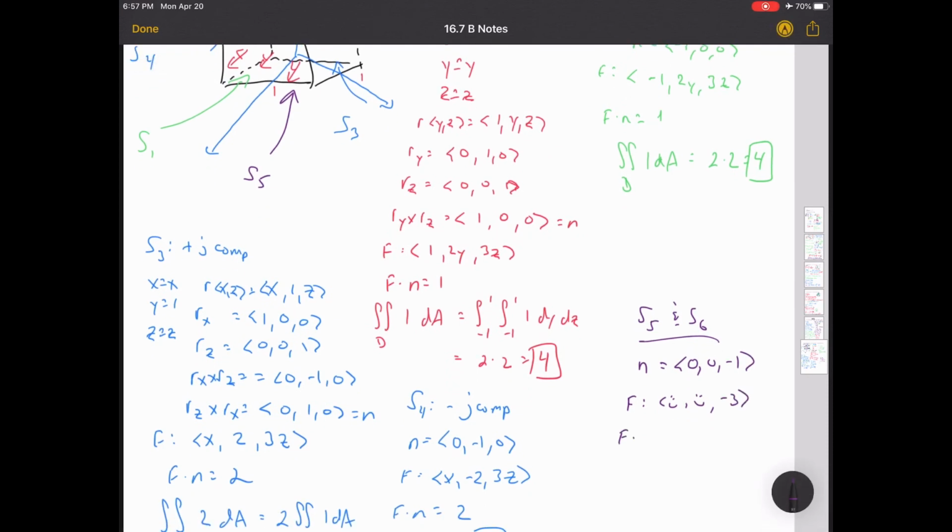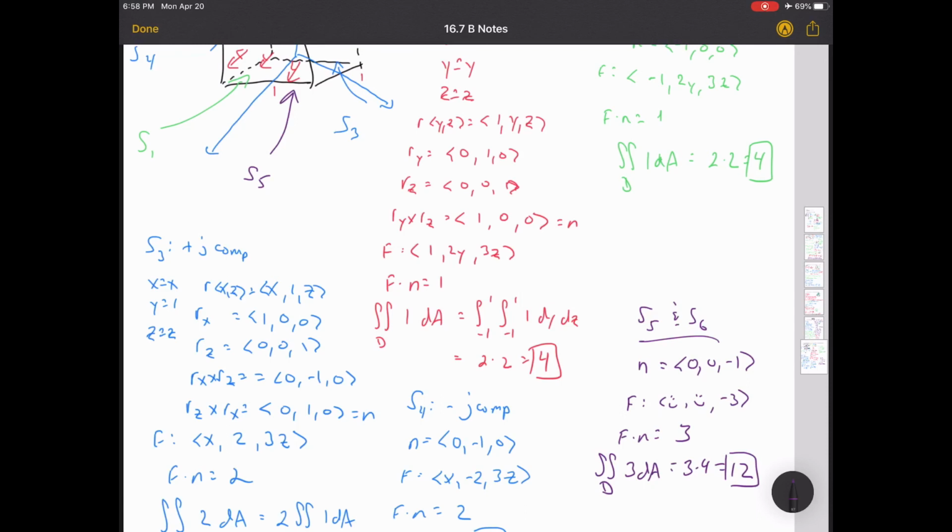So f dotted with n is going to be 3. So my double integral over d of 3 dA is like pulling a 3 out to the front and then having the double integral over d of 1 dA. So really what we get is 3 times 4, or 12.